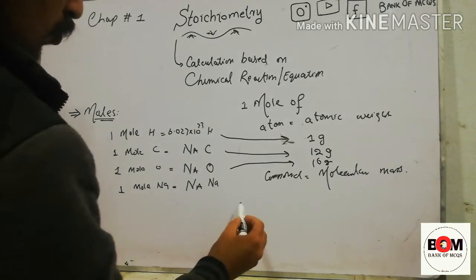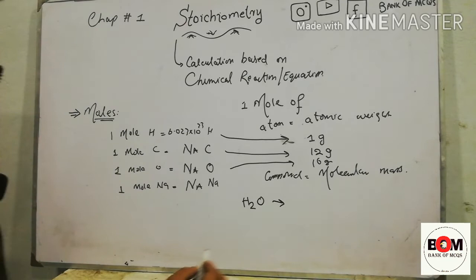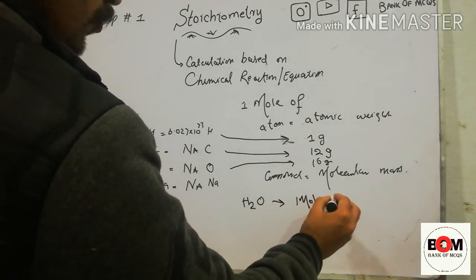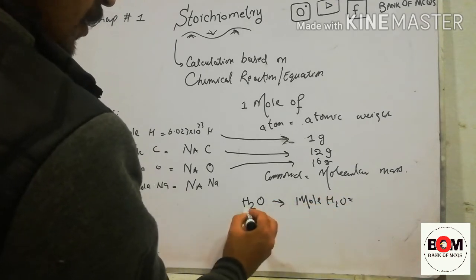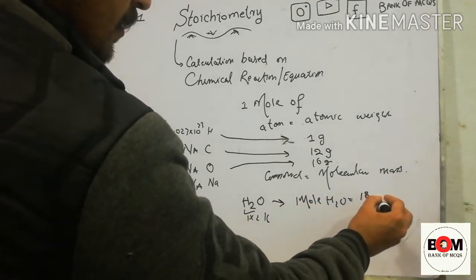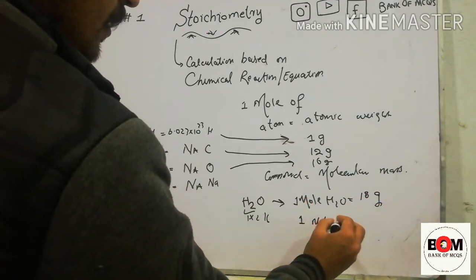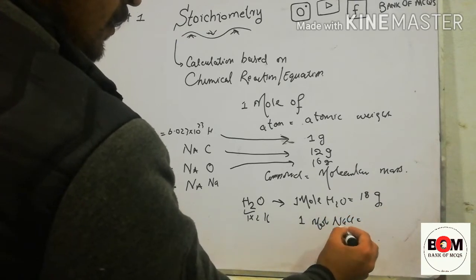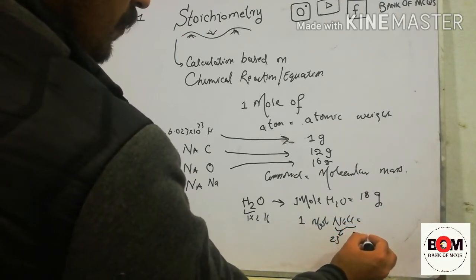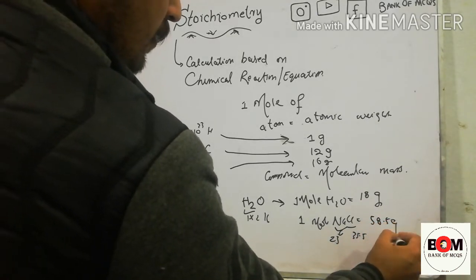Now for H2O, 1 mole of H2O means its mass is hydrogen 1 multiplied by 2, plus oxygen 16, so it is 18 gram. If we have 1 mole of NaCl, its mass is, from the table, 23 for Na plus 35.5 for Cl, so its weight is 58.5 gram.